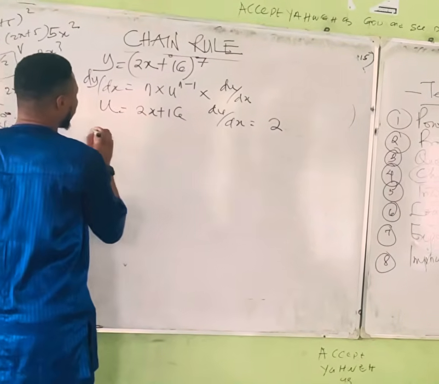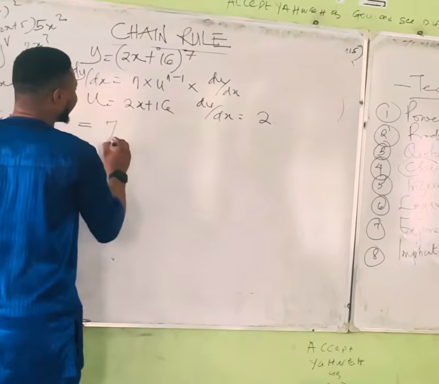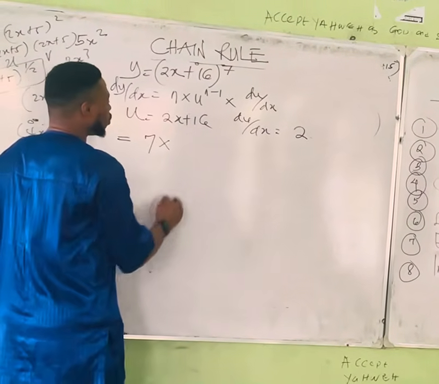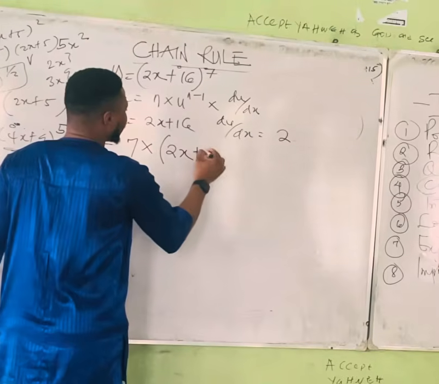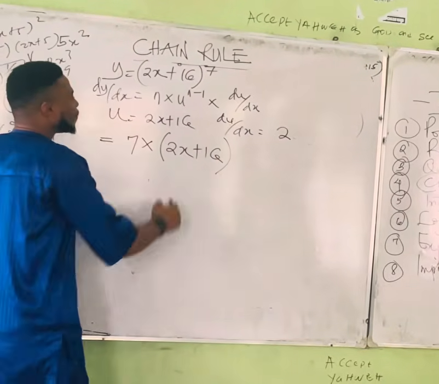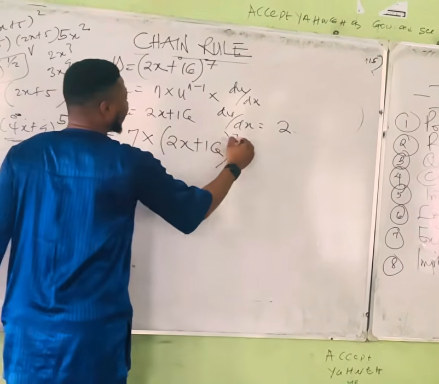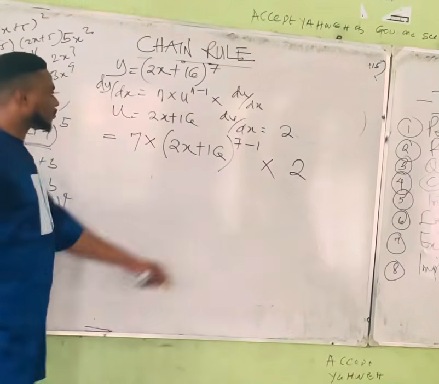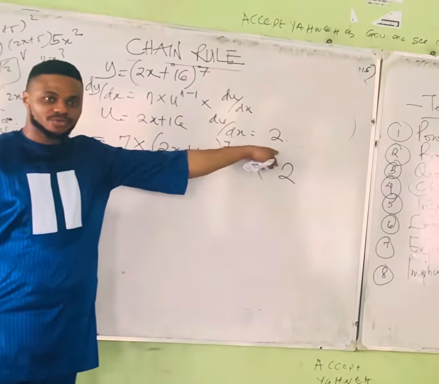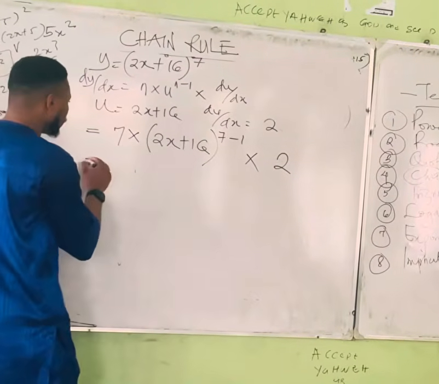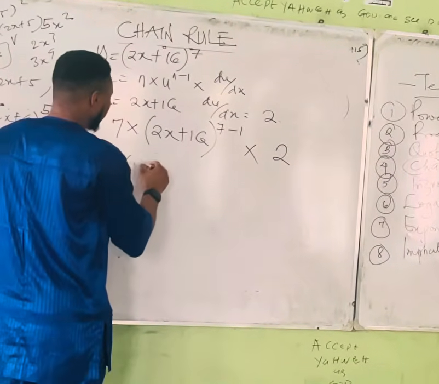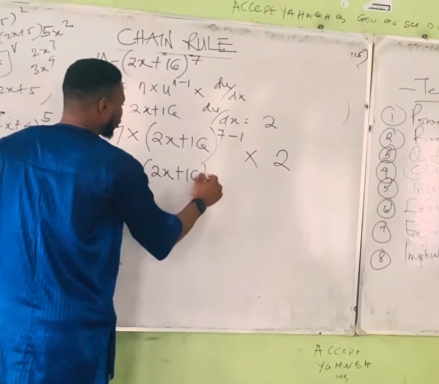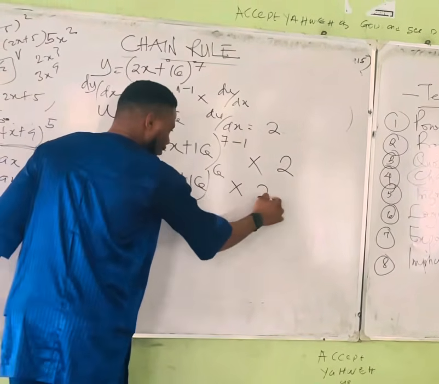So this will now be equal to n is 7, so you bring 7 down. 7 times your u, 2x plus 16 in a bracket, raised to power n minus 1, 7 minus 1, times du over dx, which is 2. So now this will be 7 times (2x plus 16) raised to power 7 minus 1, which is 6, times 2.